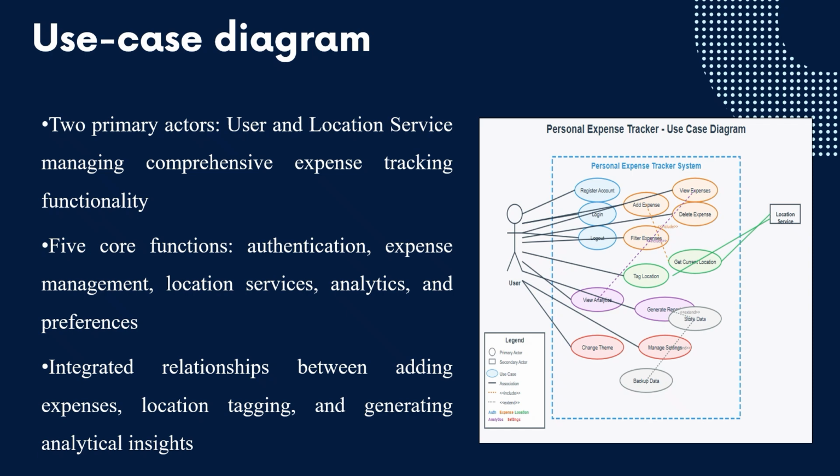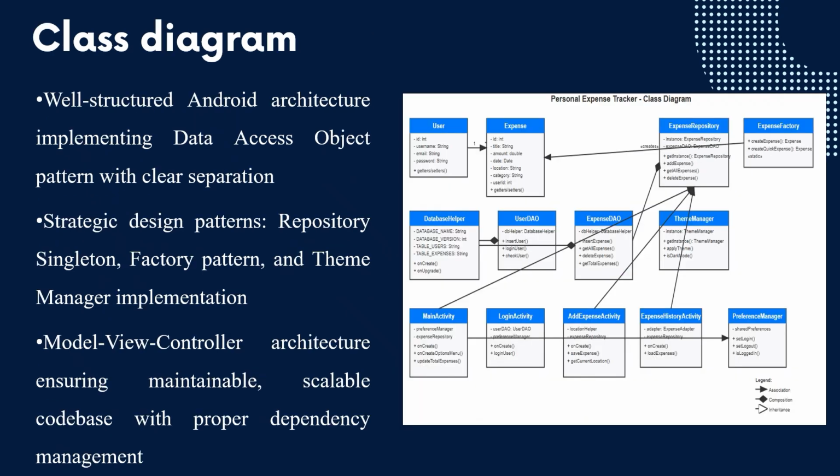Now, in the next slide, I'm going to explain class diagrams. The class diagram explains a strong object-oriented design framework that is based on established architectural patterns. Some of them are DatabaseHelper, UserDAO and ExpenseDAO objects, which use data access object patterns to deal with data efficiently.